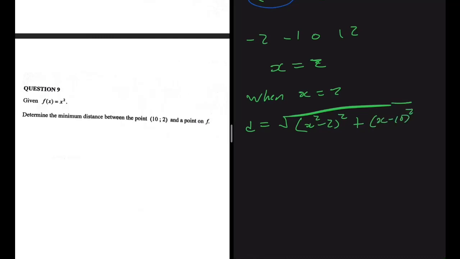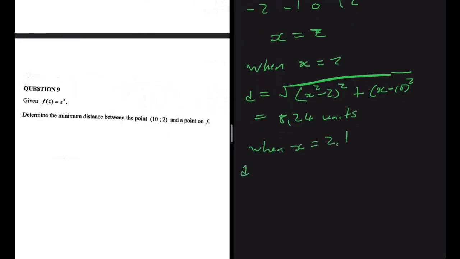If we substitute 2 into the distance formula, when x is equal to 2, we're going to get d equal to the square root of (x squared minus 2) squared plus (x minus 10) squared, right? So let me substitute 2 and see what I get. When I substitute 2, I'm getting a distance of 8.24 units, right? Now let me substitute 2.1.